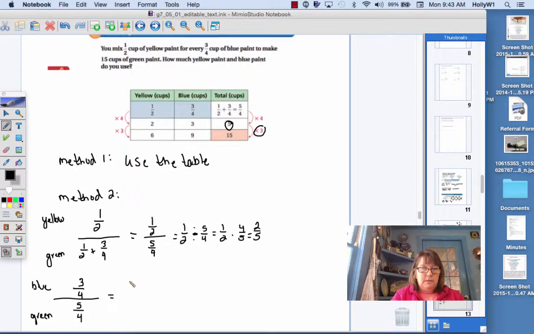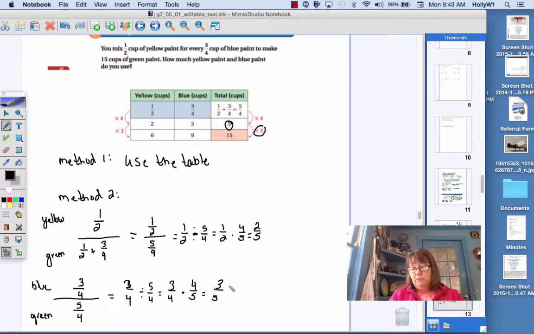And this ends up being 3/4 divided by 5/4, which is keeping it, changing it, and flipping it. We end up with 3/5. So we know that the ratio of blue paint to green paint is 3/5.